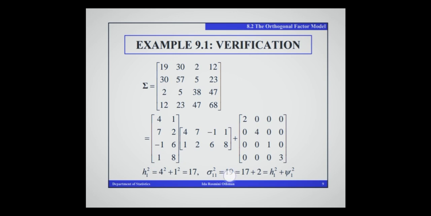Okay, the value is 19. How to get that? 17 which is the communalities untuk first variable tadi, plus 2. 2 adalah the diagonal matrix from the matrix of psi. Kat sini bukan psi 1 square ni sebenarnya, sepatutnya psi 1 sahaja. Tersilap. Okay, psi 1.